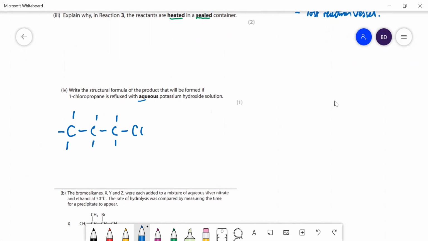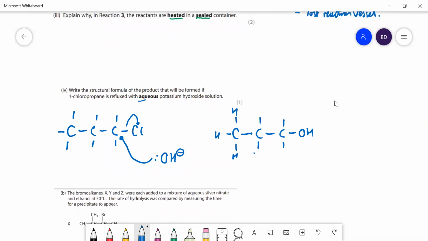But as for the product, we're going to swap that chlorine for an OH minus, so we're going to get propan-1-ol. Should put those H's in there. Okay, so that is the formula. That's what you'll get there.